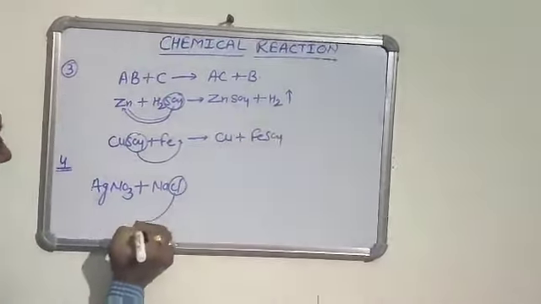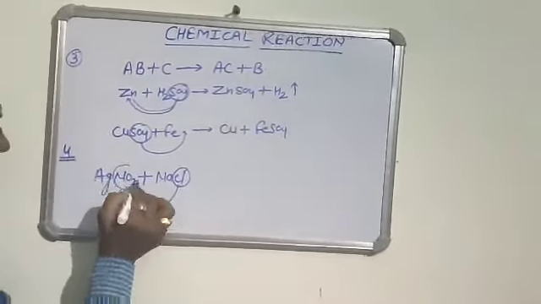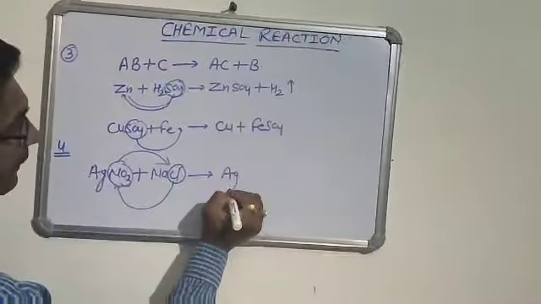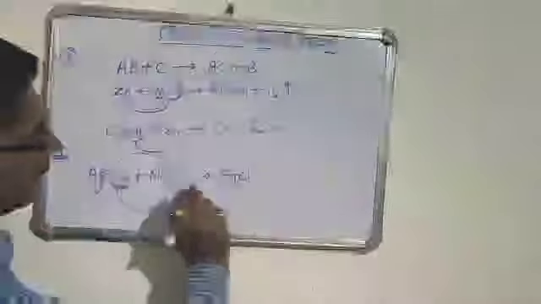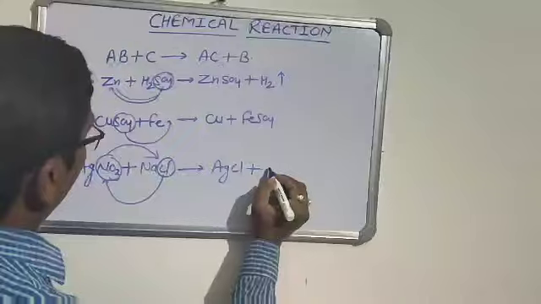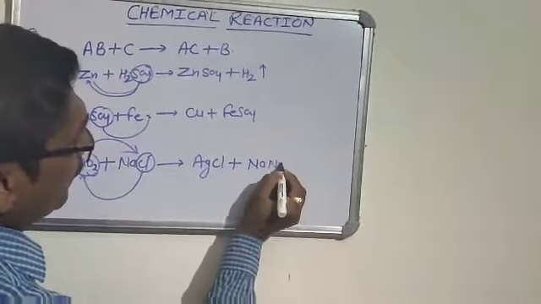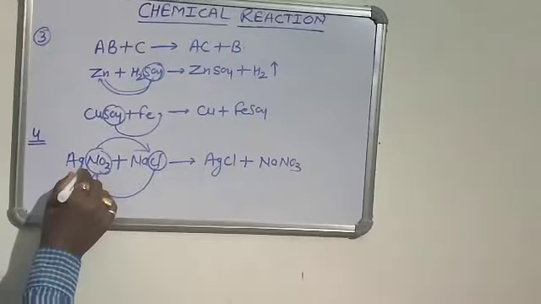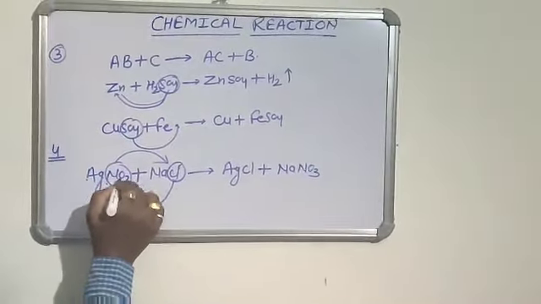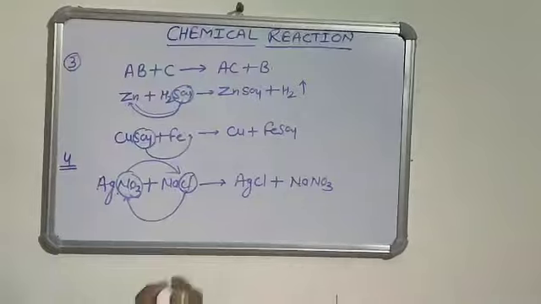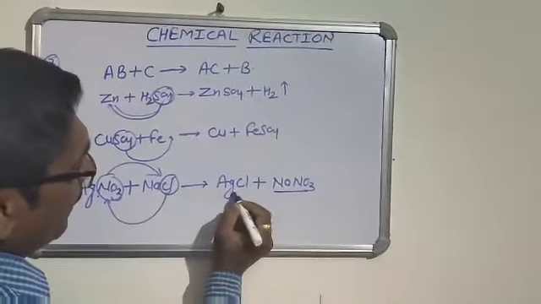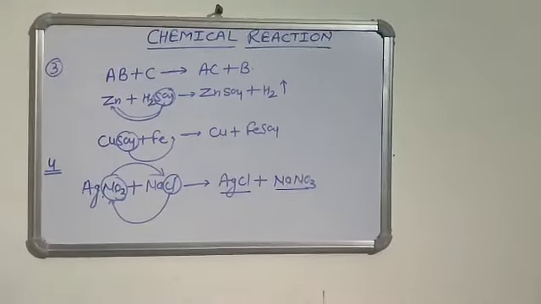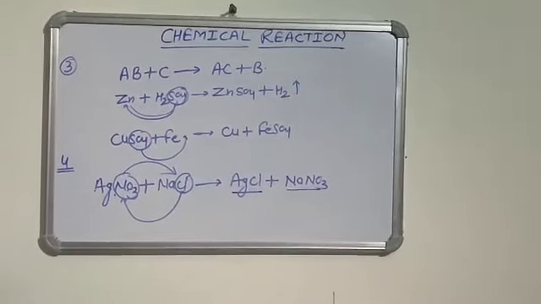Cl attaches here and NO3 attaches here, forming the products AgCl and NaNO3. The chloride ion attaches to silver and the nitrate ion attaches to sodium, forming sodium nitrate and silver chloride. It is a good example of double displacement reaction.